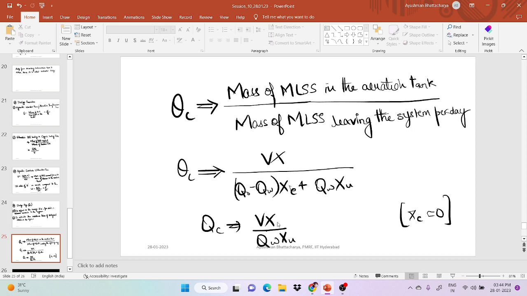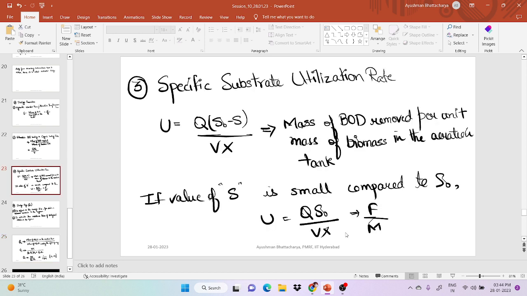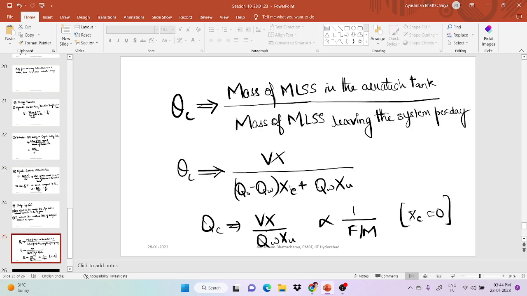So you can say that it is inversely proportional, or 1 upon the F by M ratio. Because the F by M ratio we saw as QS0 by Vx, and here it is Vx by QwXu. So sludge age is inversely proportional to 1 upon the F by M ratio.